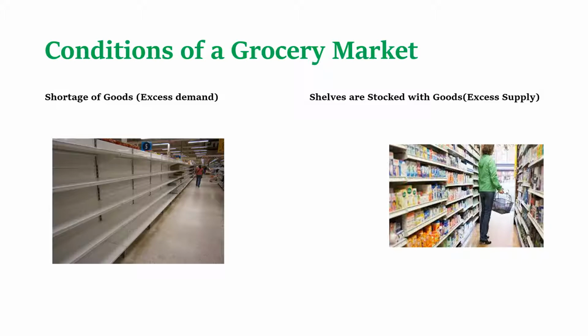So when this particular market is in equilibrium, there is neither excess demand nor excess supply. Sorry, I think this one should not say excess supply, okay? Here, say equilibrium, right?